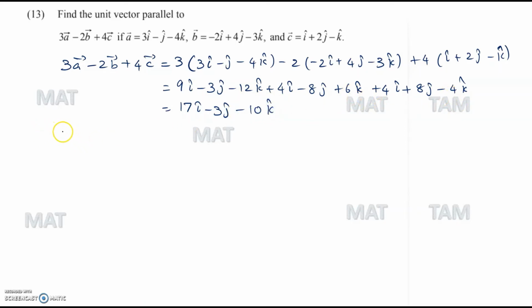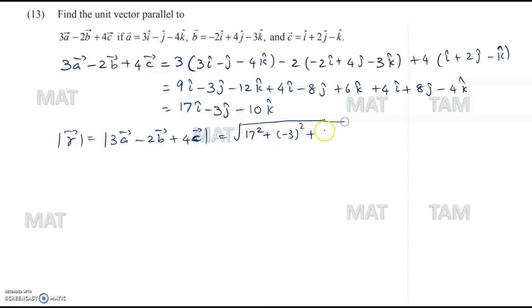So now the magnitude. Let r vector be equal to this vector. So the magnitude of r is equal to the square root of 17 squared plus minus 3 squared plus minus 10 squared.